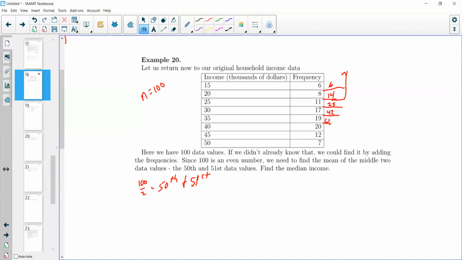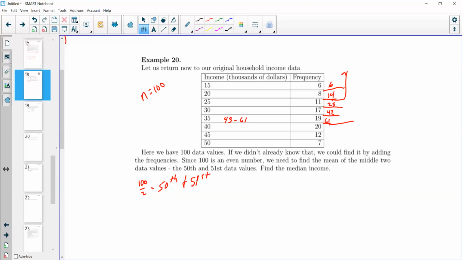Then my first 61. Does everybody follow what I did there? So this 35,000 income has data point 43 through data point 61. That makes sense? Otherwise we'd have to write out all 100 of them. I don't think we want to do that.